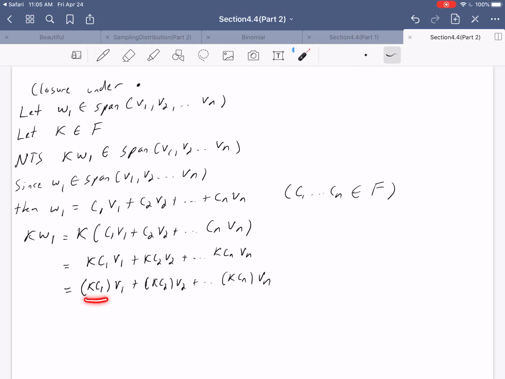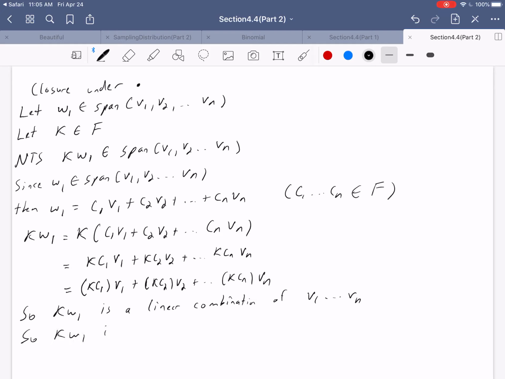Each of these, KC1, KC2, KCn, are constants, so this is a linear combination. So KW1 is a linear combination of V1 through Vn. So KW1 is an element of the span of V1 through Vn.